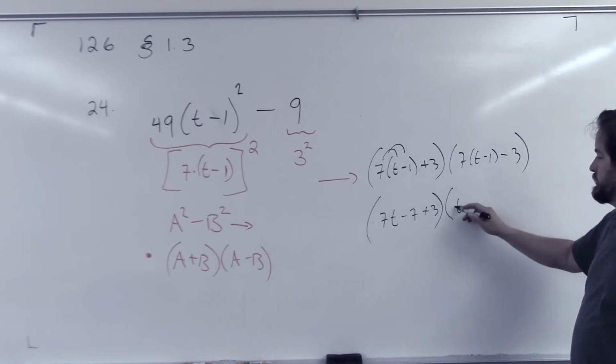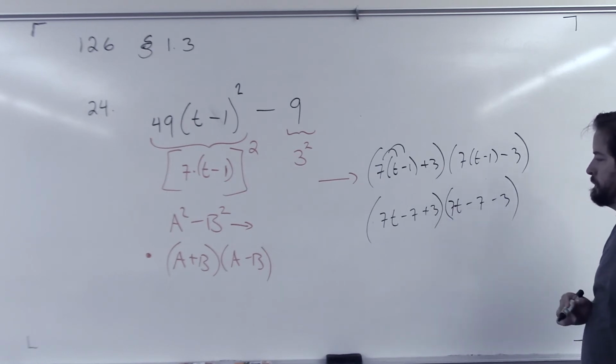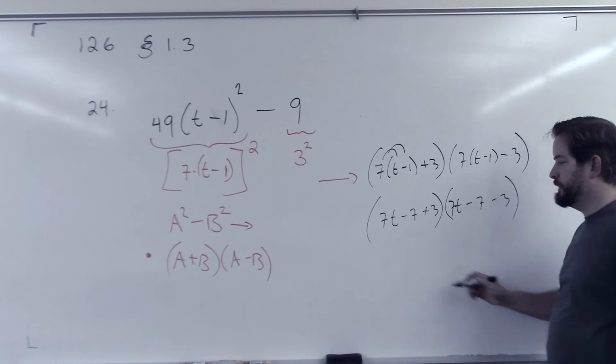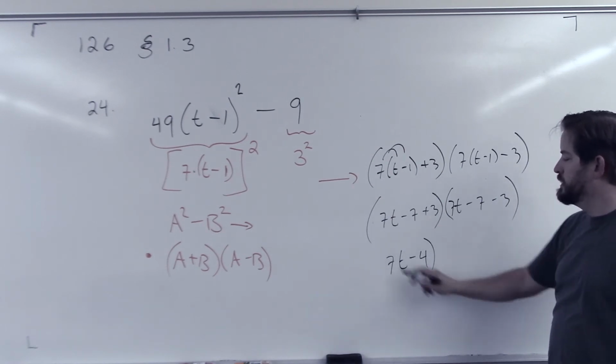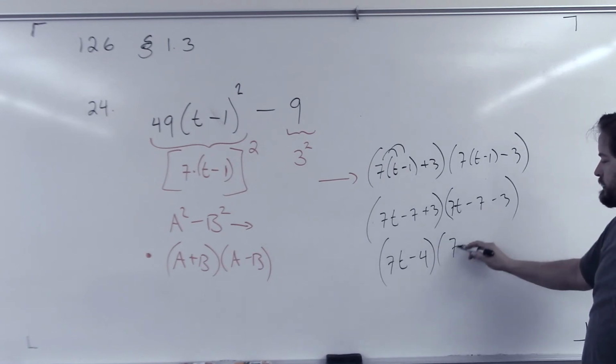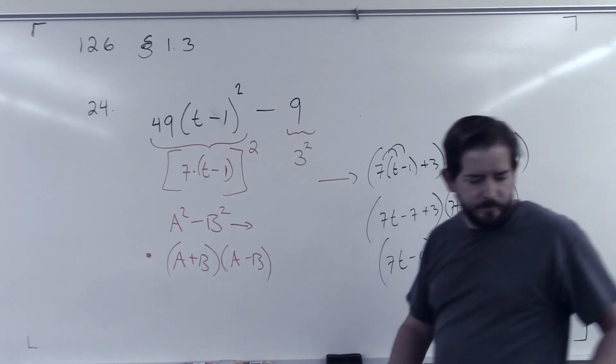This becomes 7t minus 7 minus 3. And then I can simplify these. This becomes 7t minus 4 and 7t minus 10. And done.